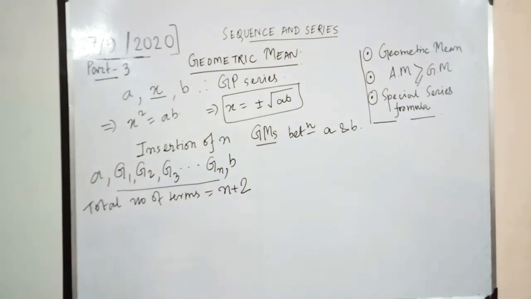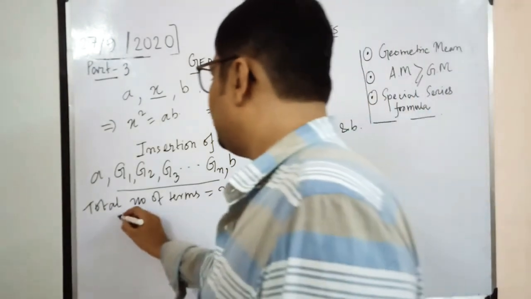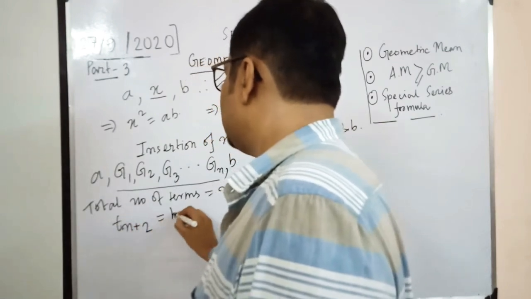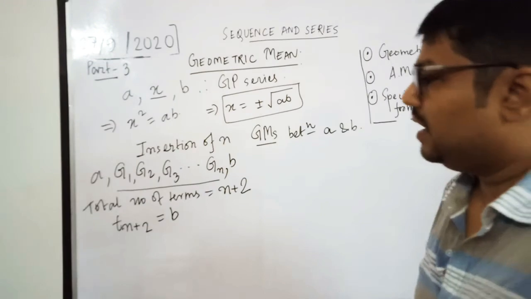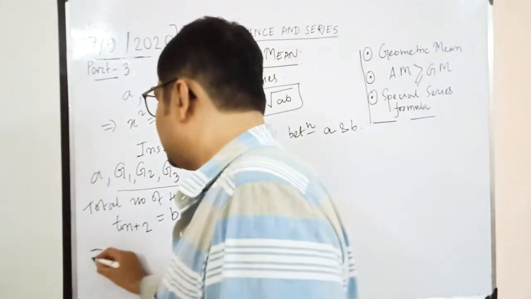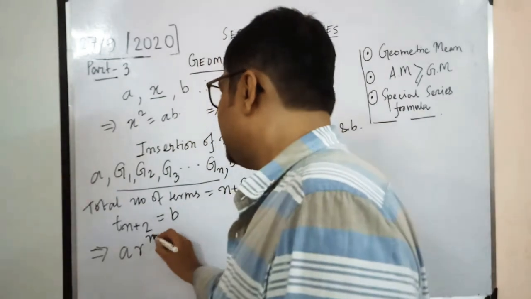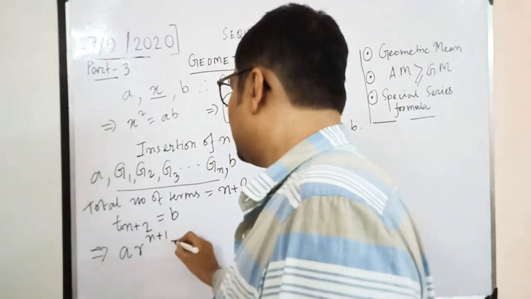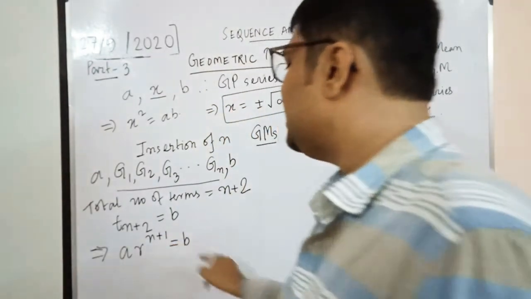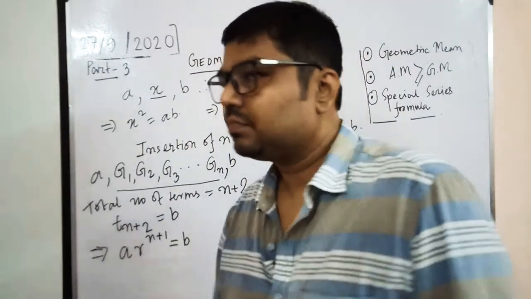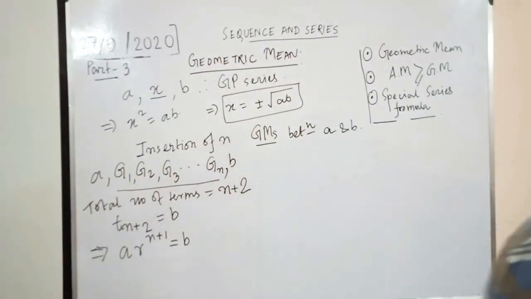So which is the n plus 2th term? If I write the n plus 2th term, that will obviously be the last term b. And how do we write this in terms of GP? We express this as a r to the power n plus 1 equals b. Now look at it. r is the thing which we assumed. r is the common ratio or the parameter which we took.